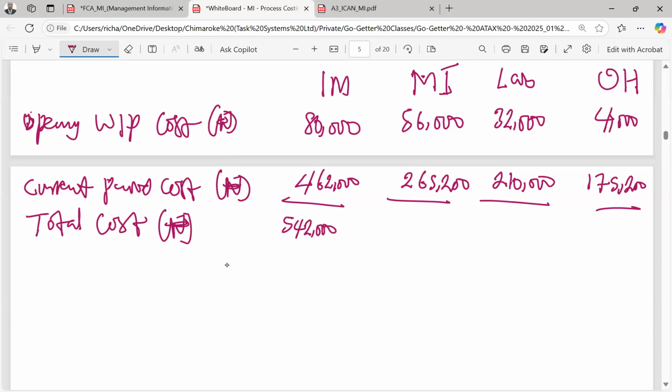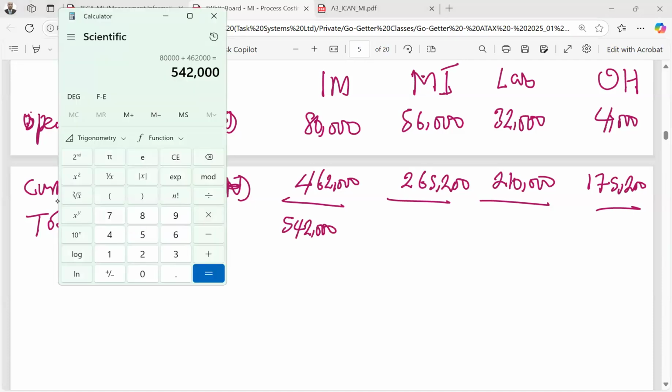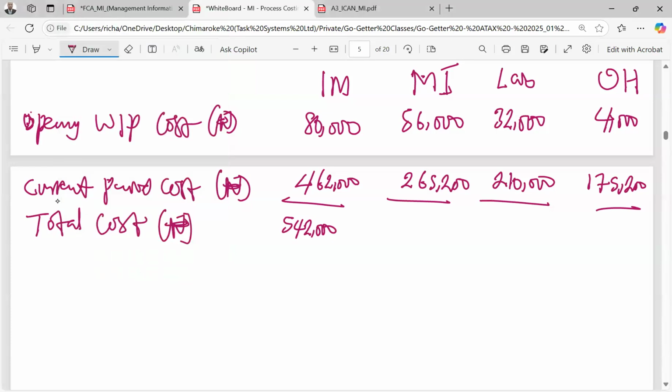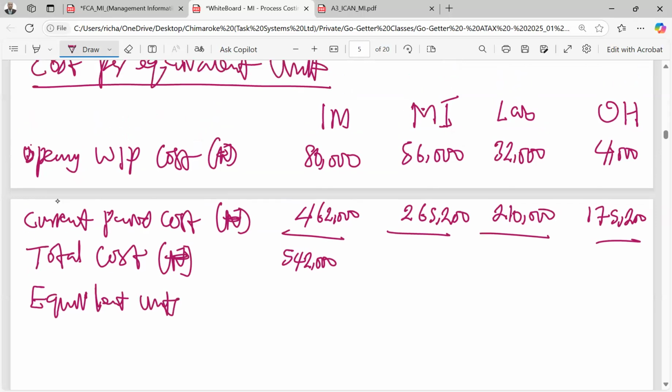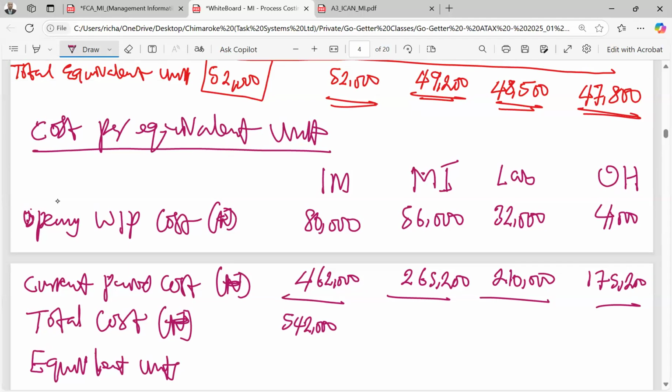The next, okay, so what I will be doing now is taking them one after the other. Then I have my equivalent units. So let me just bring them so that I will be solving it straight.